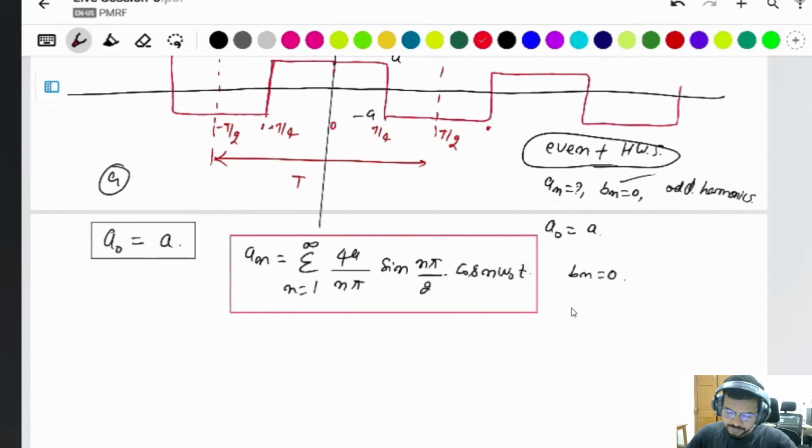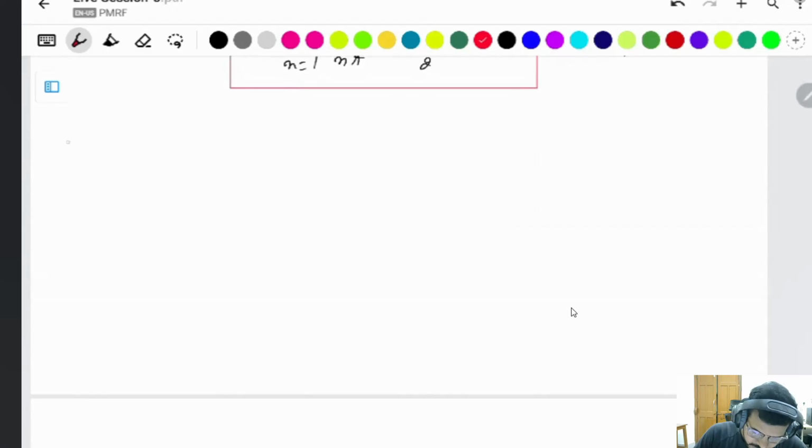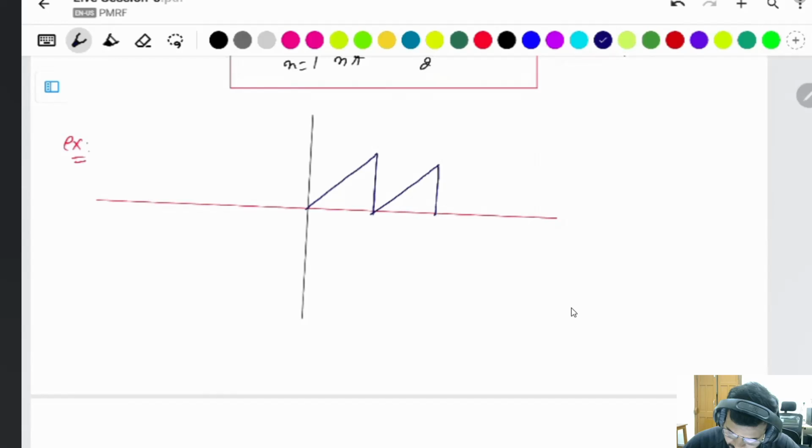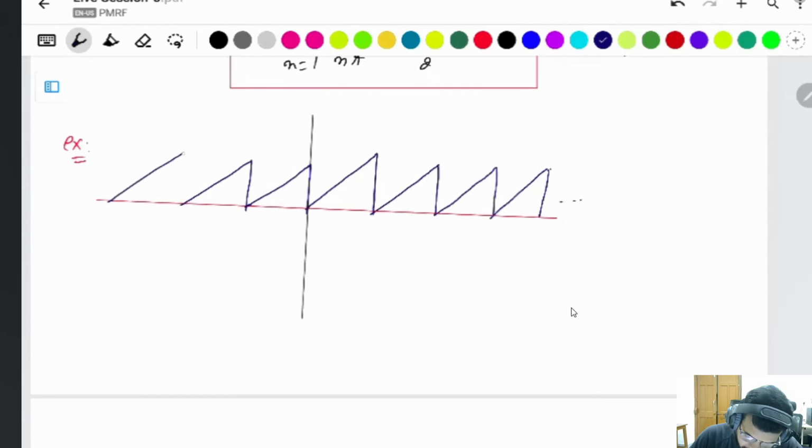Suppose there is a signal, for example, this is 0, 1, 2, 3, magnitude is 1.